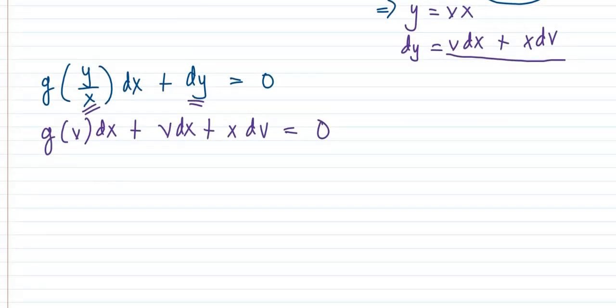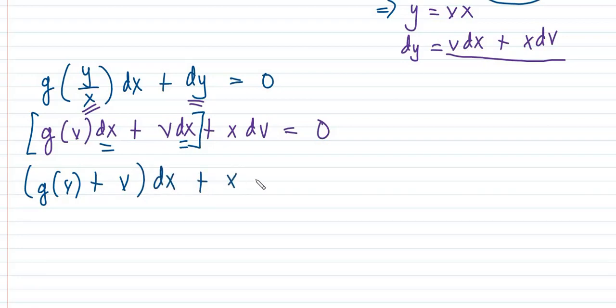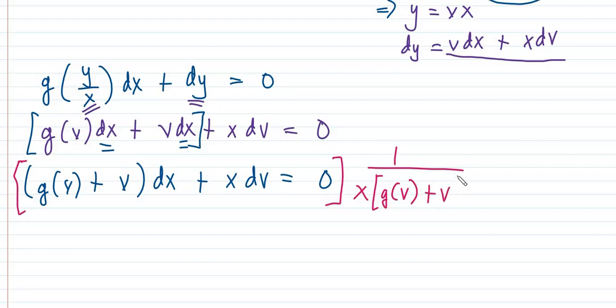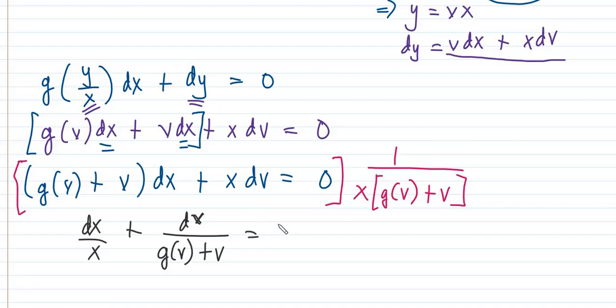I now have two terms with differential x, so I have g of v plus v, that quantity, dx plus x dv. Notice that this equation can be solved by variable separable. If I multiply by x times g of v plus v, this results in dx over x plus dv over g of v plus v is equal to 0.